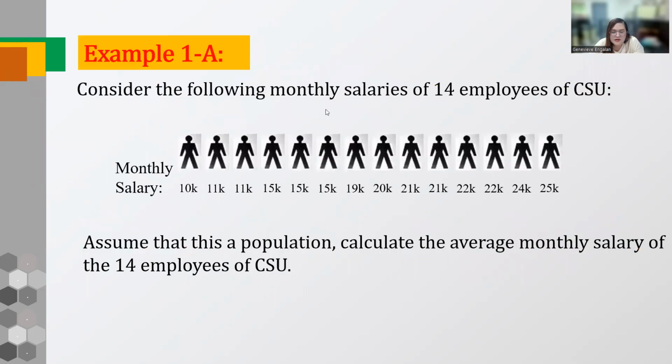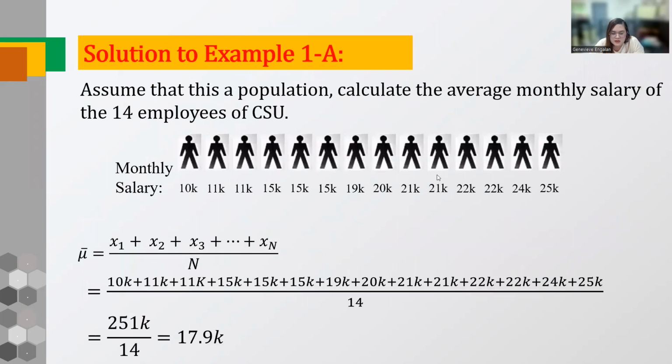Okay, so consider the following monthly salaries of 14 employees of CSU. Again, that is the earlier example. Add them all divided by how many. So you have 17.9K.